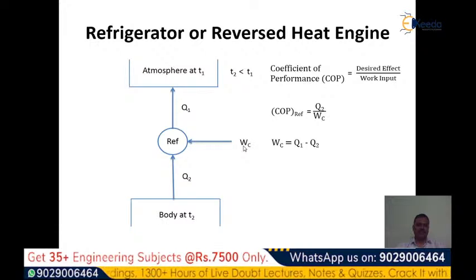To get WC, it will be Q1 minus Q2. So that is how WC comes. Then the COP of refrigerator can be written as Q2 divided by Q1 minus Q2. So this is the coefficient of performance of the refrigerator. To find the performance of a refrigerator, we can use this formula, that is Q2 divided by Q1 minus Q2.